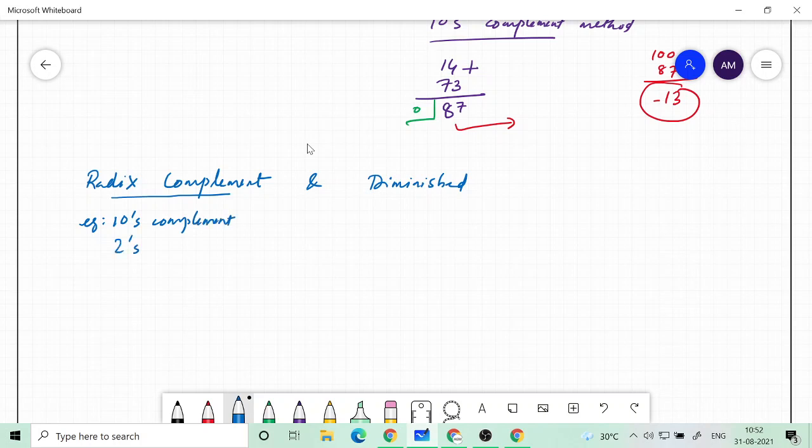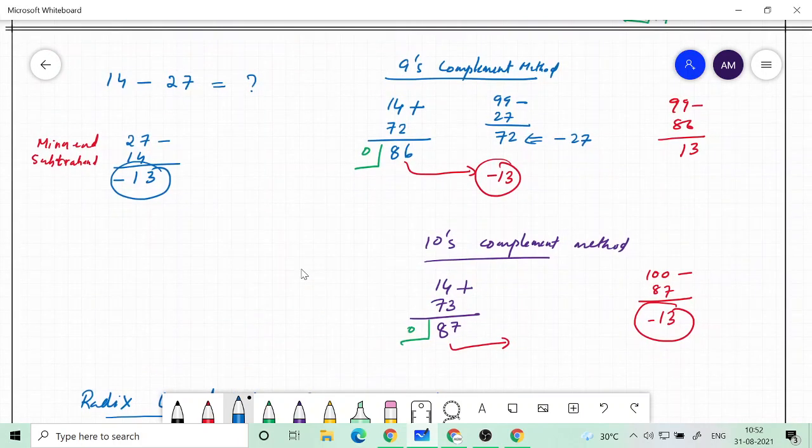Okay, for radix 2, 2's complement, and here diminished radix complement, for example 9's complement and 1's complement.